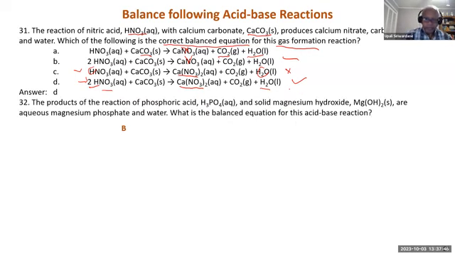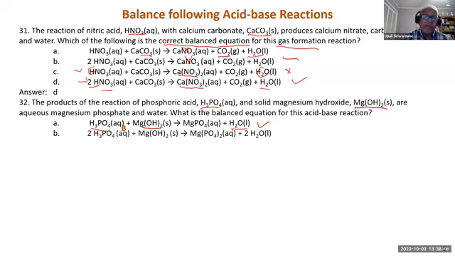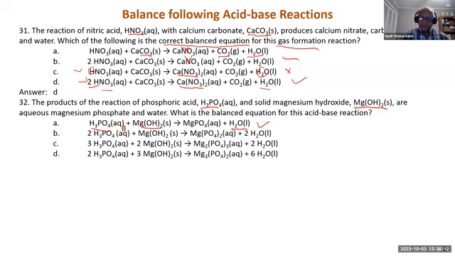The reaction is between phosphoric acid, that's the acid, and magnesium hydroxide. Water is formed. In an acid-base reaction, an acid and a hydroxide base produce water. Like precipitate formation, water formation is the driving force. So you have to look at these 4 equations and check that the formulas are correct and the balancing is correct. This magnesium phosphate is wrong. The correct formula for magnesium phosphate is this. This is wrong also. This is incorrect also.